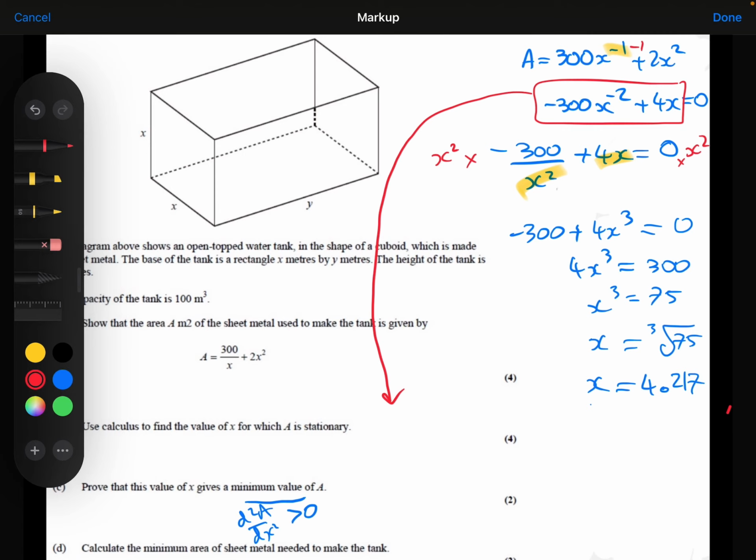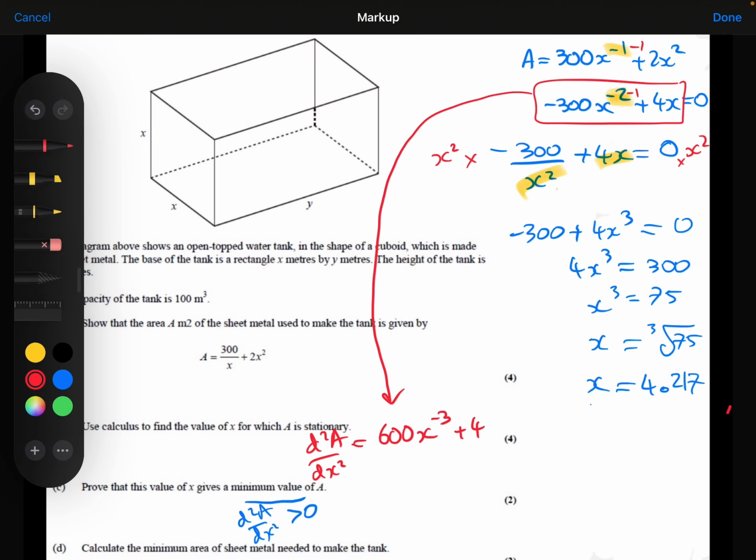And I'm going to differentiate this for the second time. So we're going to multiply by the minus 2. The minus 300 times minus 2 will be positive 600. And then we'll take 1 away from the power to get minus 3. When we differentiate the 4x, we'll just get 4. So this is my second derivative.